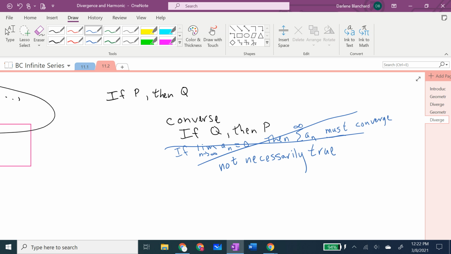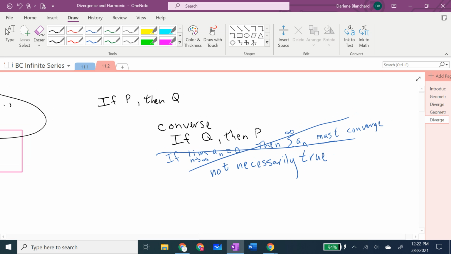It's very important in math that you understand that when you're given a theorem, it's an if-then statement. A converse of that statement is never automatically true. Oftentimes, it's sometimes true and sometimes not true. So never trust a converse statement to be true.